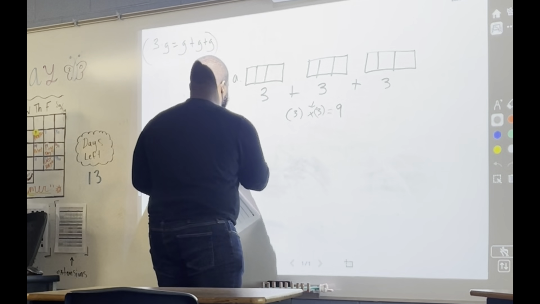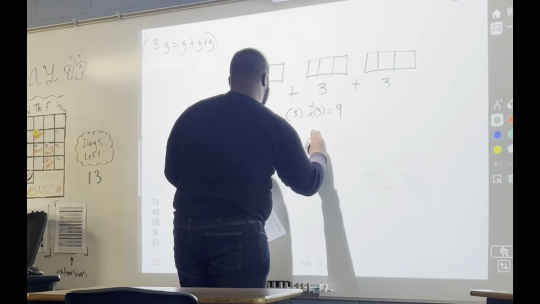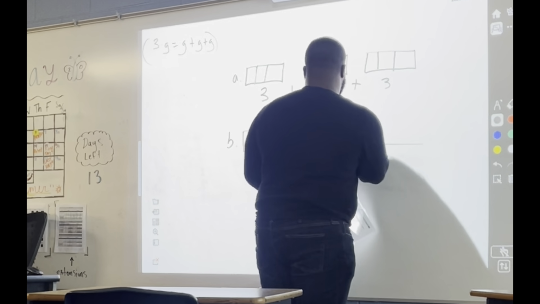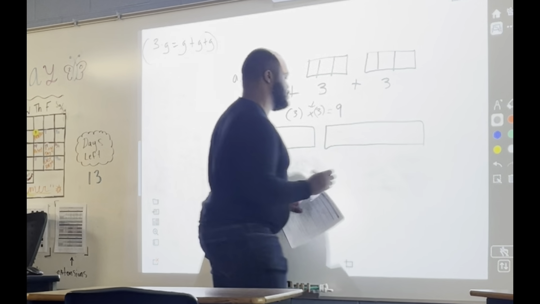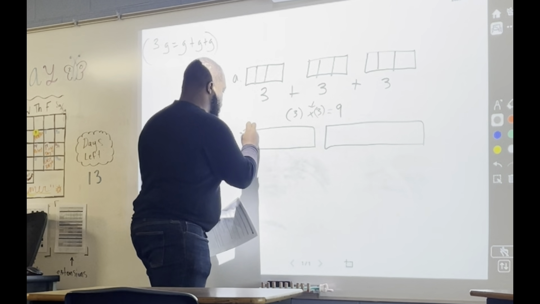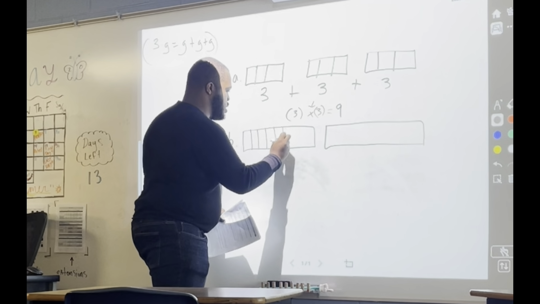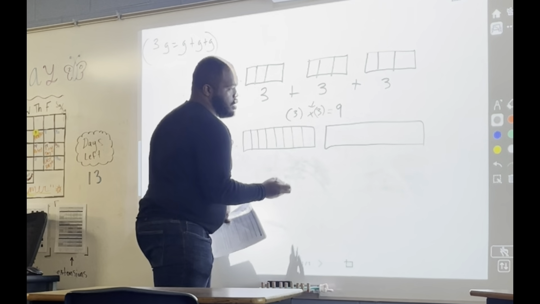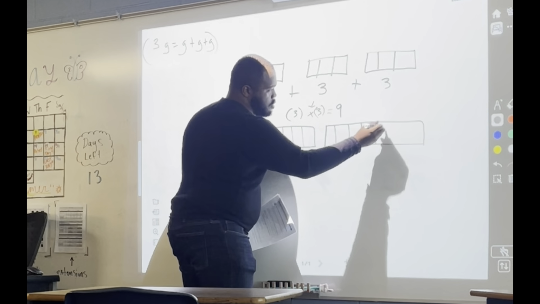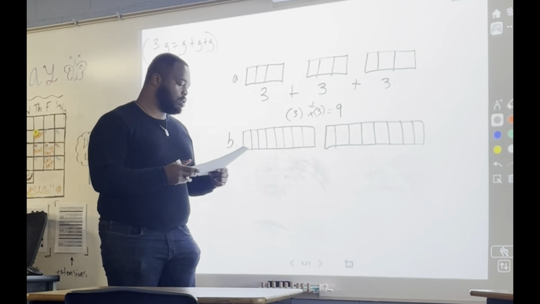All right, so let's look at B. For B, we have 2 rectangles, and each of them has 8 boxes. 1, 2, 3, 4, 5, 6, 7, 8.